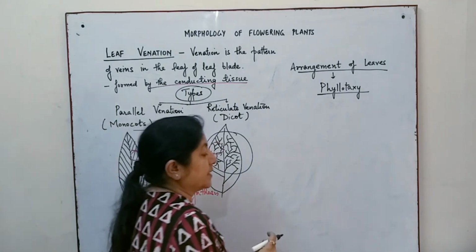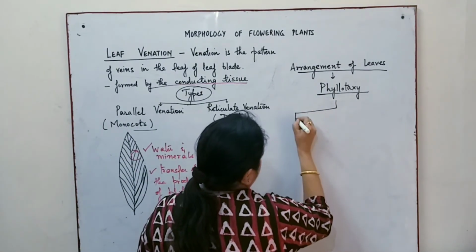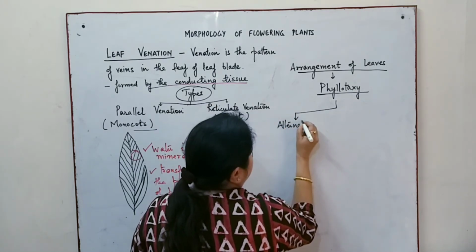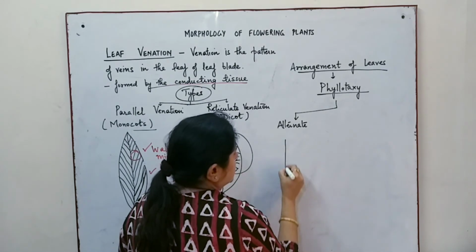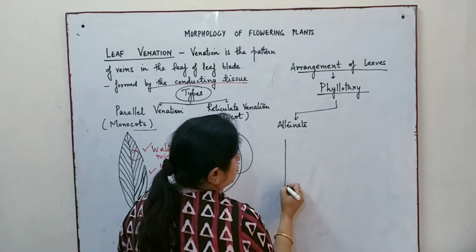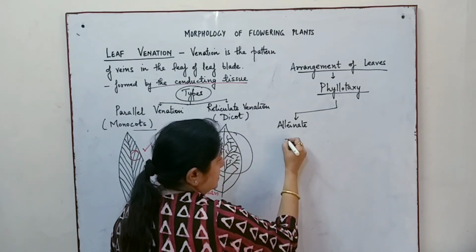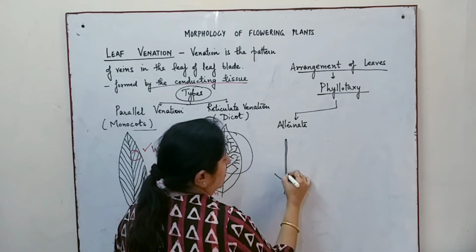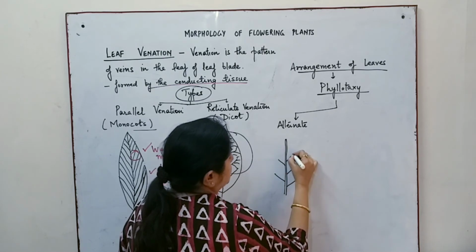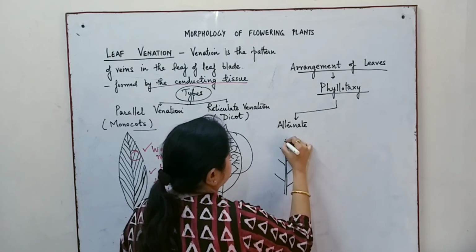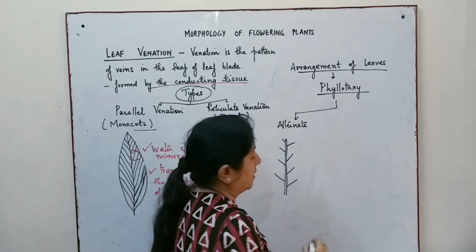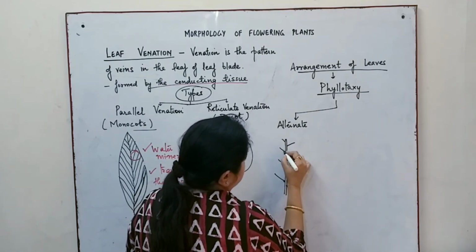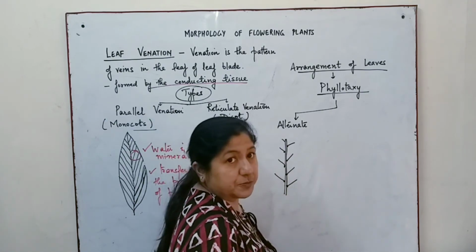The first type is the alternate type, in which the leaves are arranged alternately. This is the stem, and the leaves, having the petiole, are arranged alternately to each other. So this is the alternate arrangement.